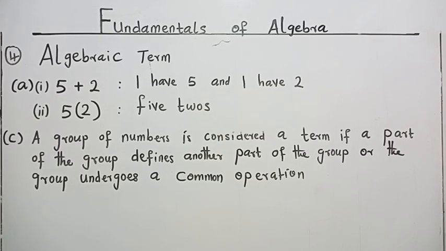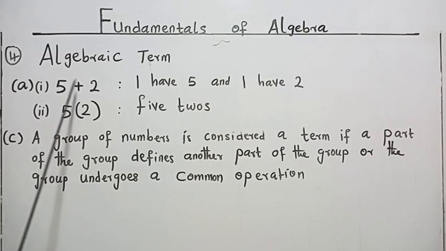Next, I ask, can something qualify 5 plus 2 to become a term? As it stands now, the 5 and 2 together are not a term. I ask, can something be done to make them become a term? Yes. How? It is in connection with the second condition. The group undergoes a common operation.